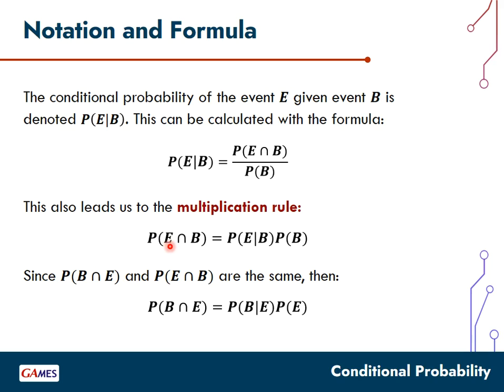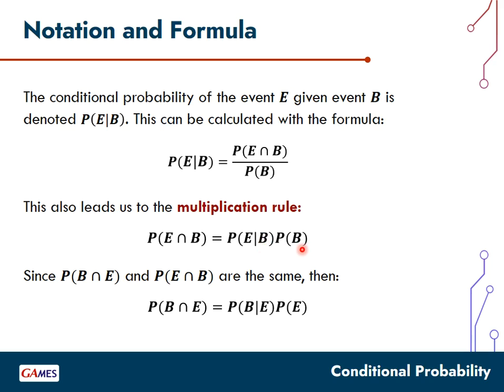Okay, so if we have E intersect B, then probability of E given B, whatever we have here will come first. That is the probability of interest or the event of interest. Whatever we have here would come second, which is the event that has happened already.